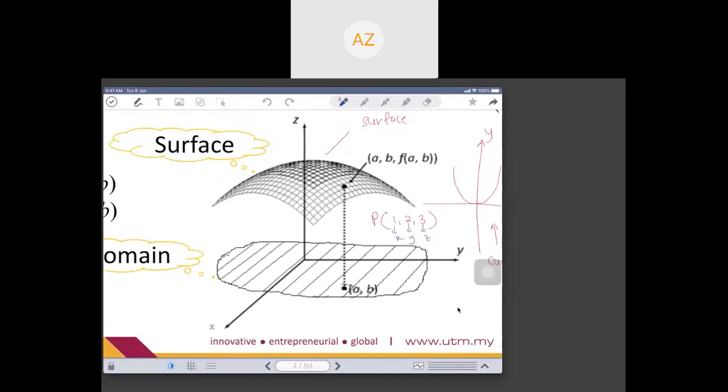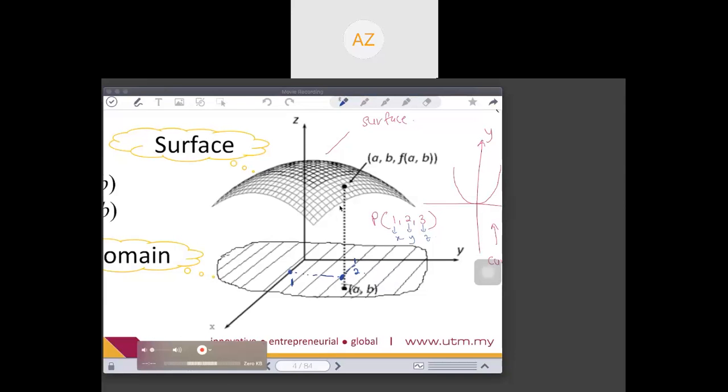So this is 1, and then maybe this is 2. Now that is the point in the 2D system on the xy-plane: x is 1 and y is 2. That is 2D because you plot on the xy-plane.